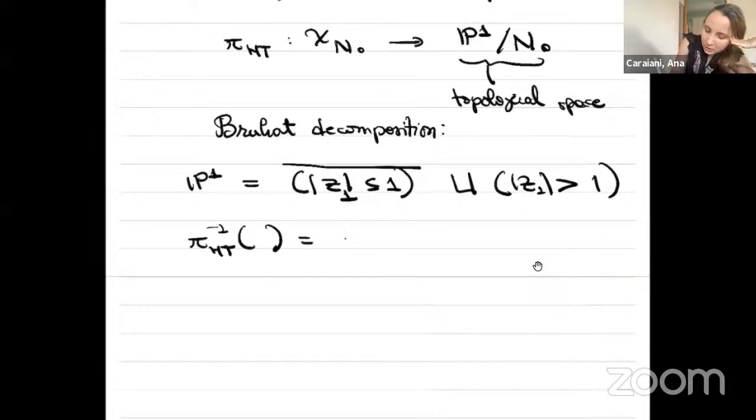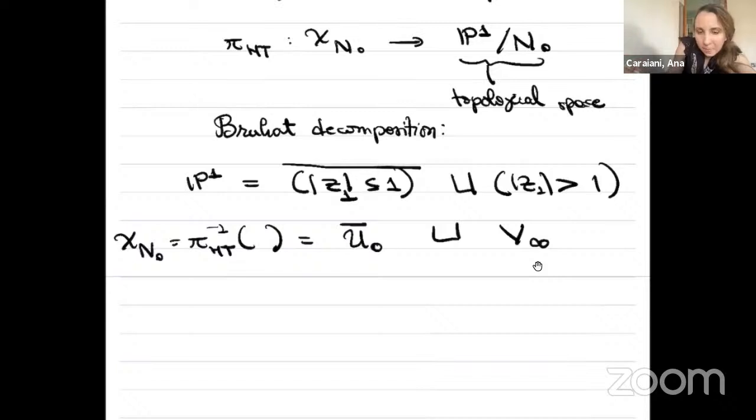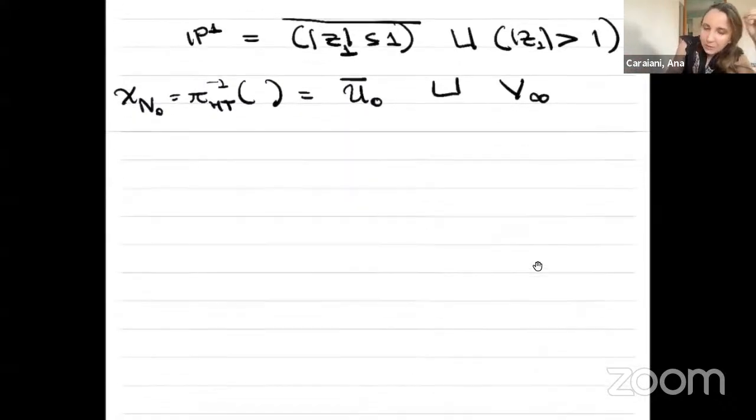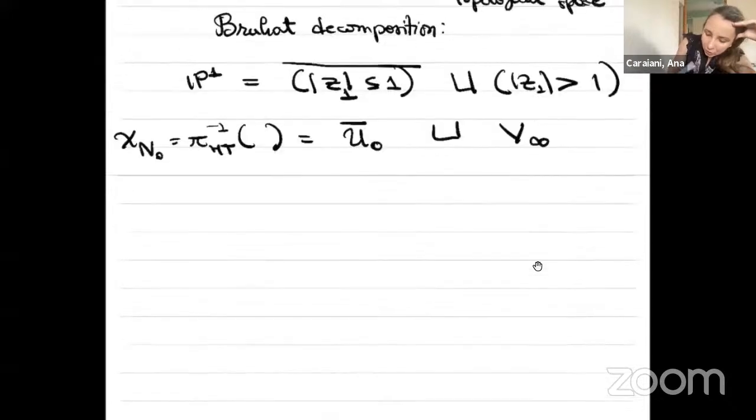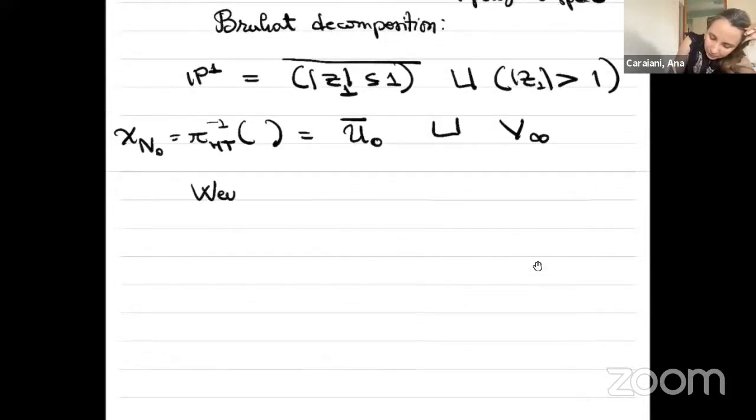And so I can write X_{N0} as decomposing into this closed part and this V infinity. And in terms of the Weyl group elements, this first one corresponds to the longest Weyl group element. This one corresponds to the identity.